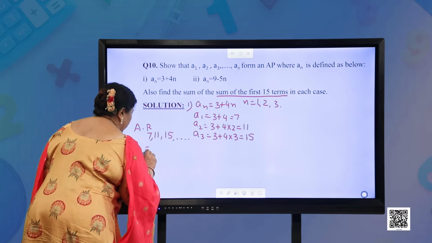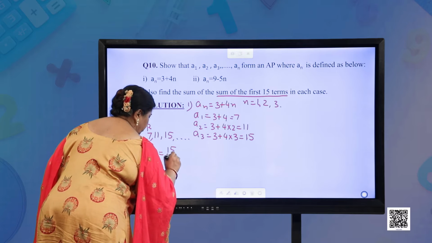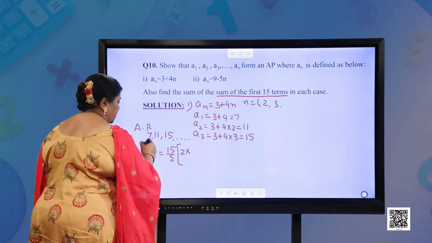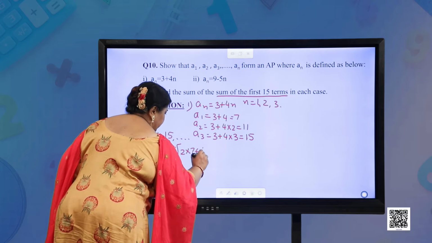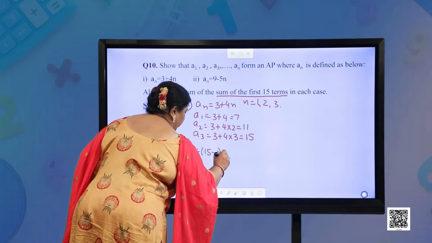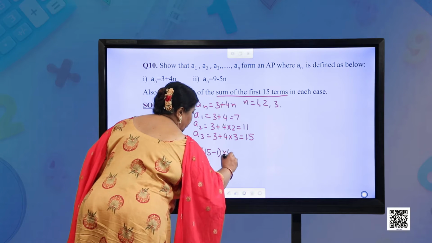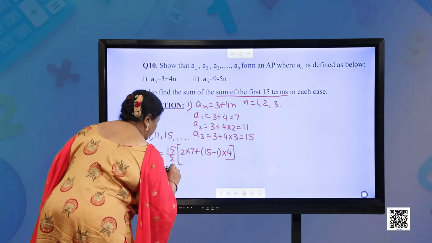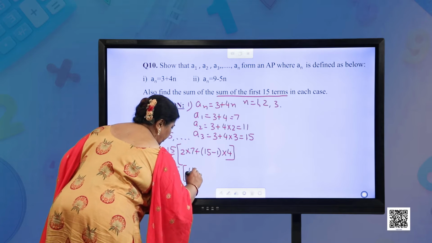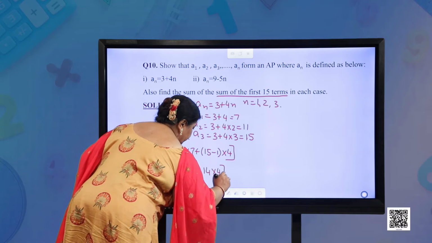I need to find the sum of the first 15 terms. That means S15 is equal to 15 upon 2 into 2A, what is the first term? 7, plus n minus 1, so 15 minus 1 into D. What is D? 11 minus 7 is 4. So, 15 upon 2, 7 2s are 14, plus 14 into 4.